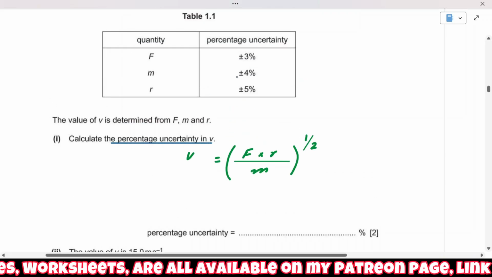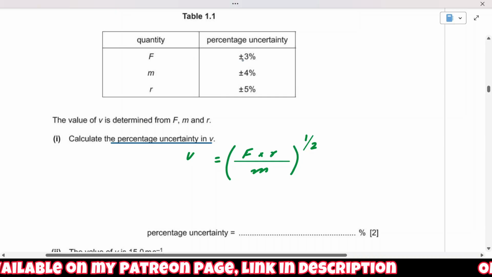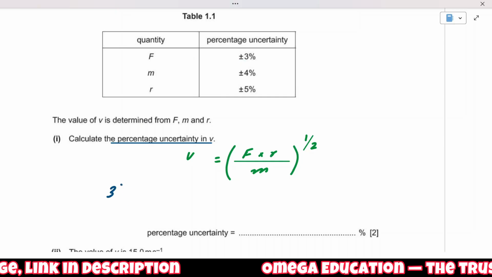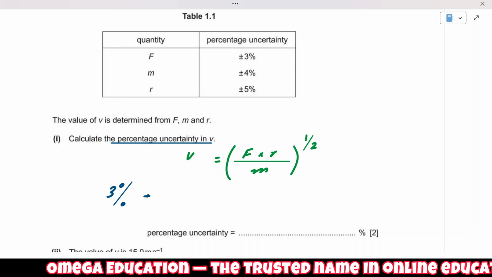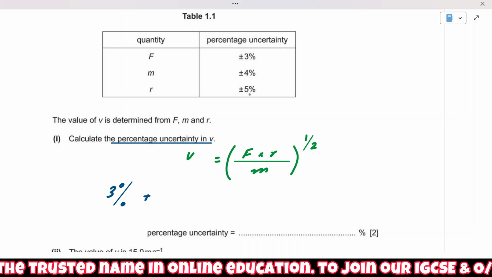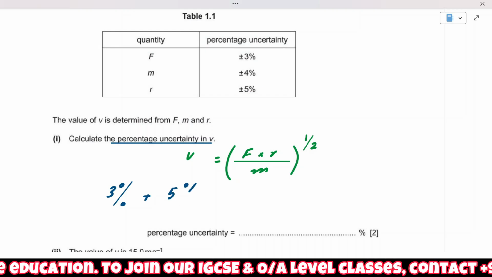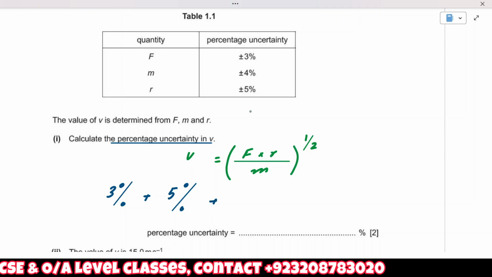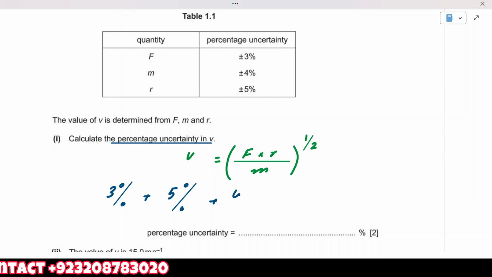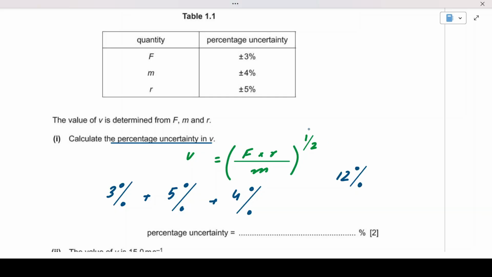We need to find the percentage uncertainty. All the percentages are given already. The percentage of F is 3, so 3% plus percentage of R is 5%, 5% plus percentage of mass is 4% plus, what do we get? 5 plus 3 is 8 plus 4 is 12, and then whatever the final percentage is, we multiply that percent by the exponent.